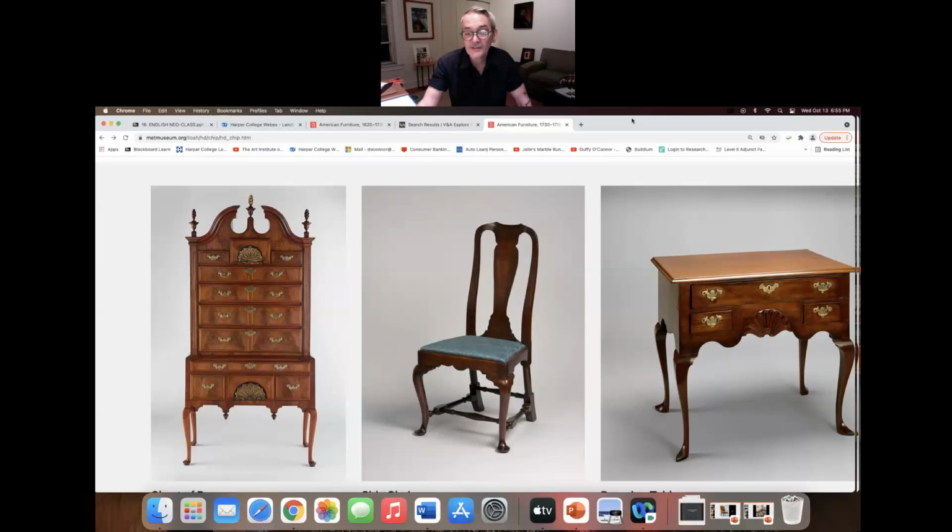Even so, everyday furniture for people who were not wealthy or middle class, because you start to get the emergence of what you can call a middle class right before the Industrial Revolution, was really simple. They made benches and chairs and tables that were functional, but you didn't need a furniture maker. People just knew how to make simple furniture.